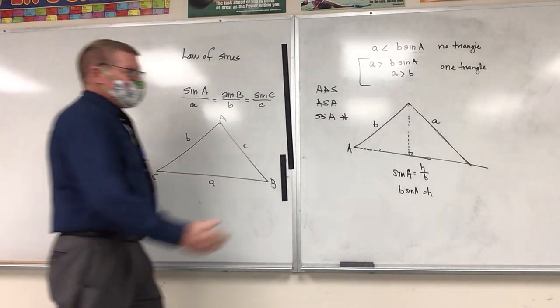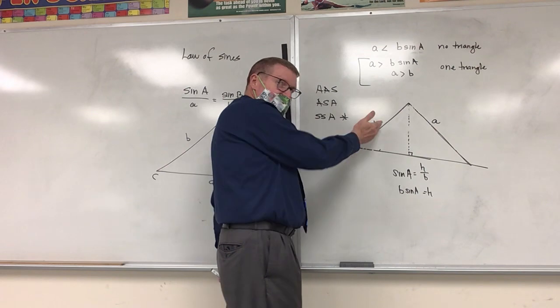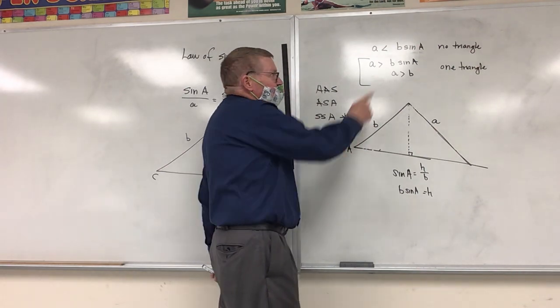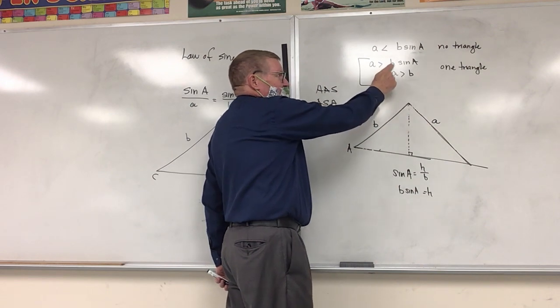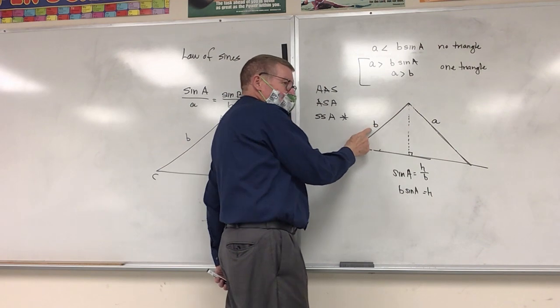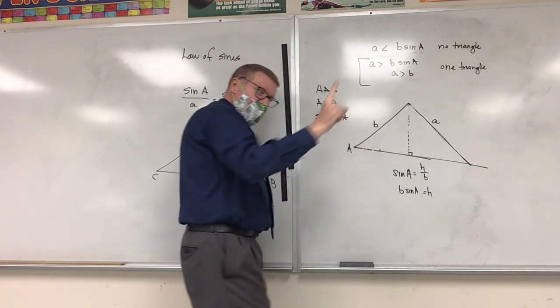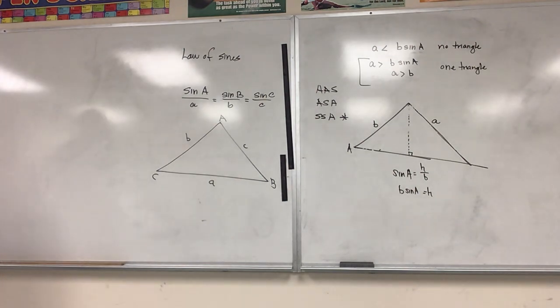I can't bring this side back over here because it does not fit. So here it is. If this opposite side is bigger than B sine A, and that opposite side is bigger than the other side, I only have one triangle. That's what you have to study. That's what you have to memorize.